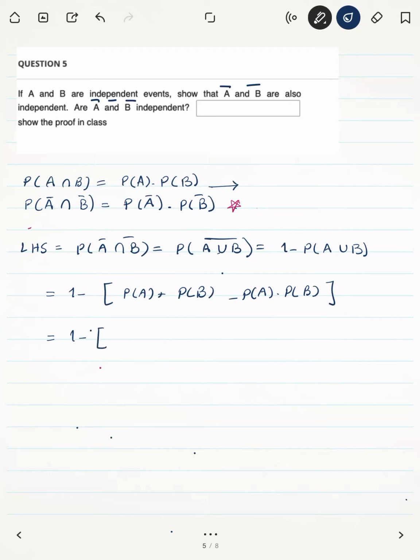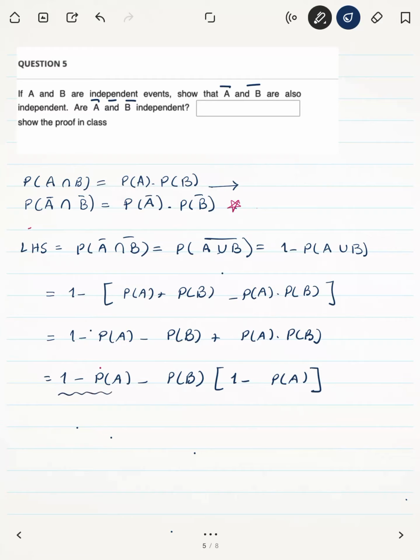So it's 1 minus probability of A minus probability of B plus probability of A times probability of B. So it's 1 minus probability of A, and by some simple algebra, you can take probability of B as a common factor, and what's left is going to be 1 minus probability of A. Now you have here 1 minus probability of A, 1 minus probability of A. Take it as a common factor, so you will have 1 minus probability of B left.